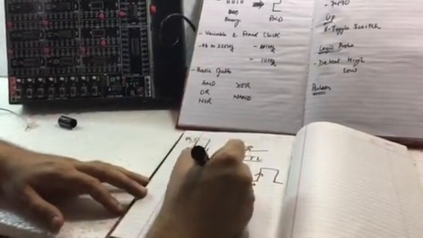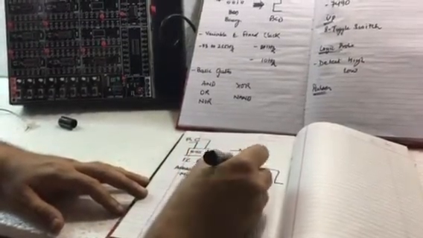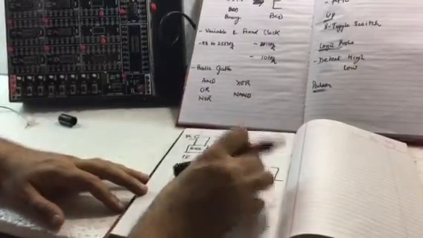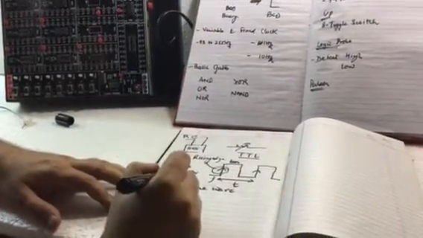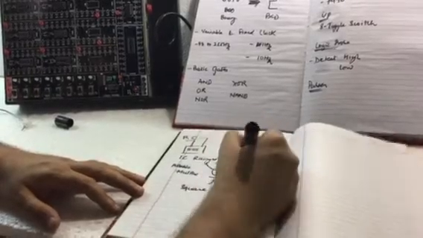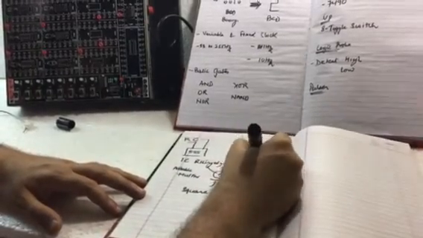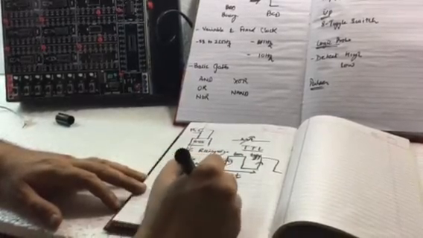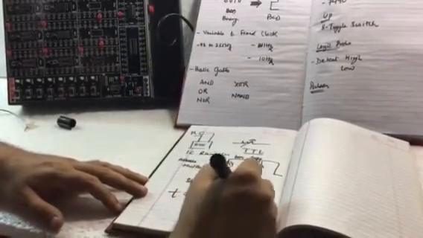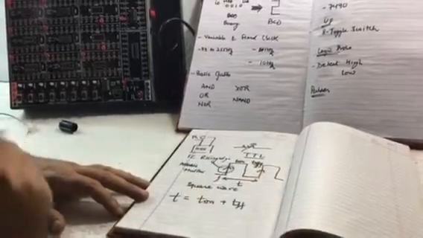So the time taken for the clock to go from one rising edge to the other rising edge is known as the total time duration of the pulse. The time the signal stays high is known as the T on time. The time it stays low is known as the T off time. The total time taken for a square wave is T equals T on plus T off.